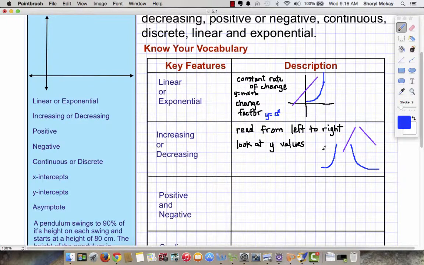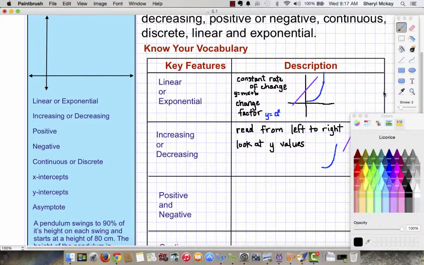Now, the next thing that we're going to talk about are positive and negative. We have talked about positive and negative slopes, but we've never talked about positive and negative functions. And really, when we define a function as positive, we're not defining the entire function. We define a part of the function as positive or a part of the function as negative. So let me show you what I mean.